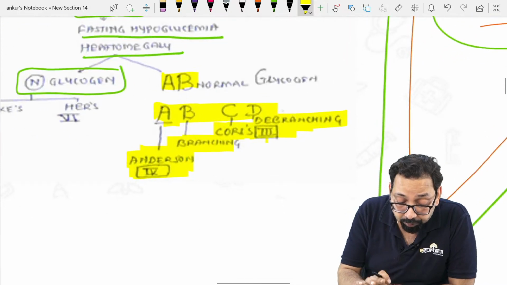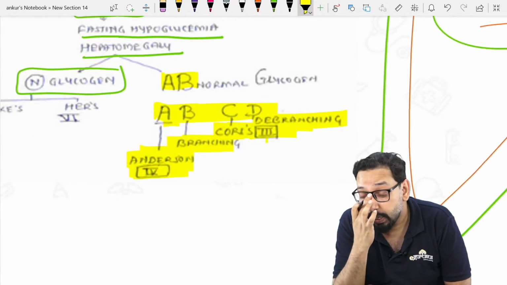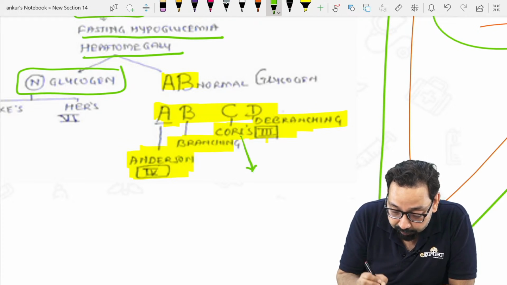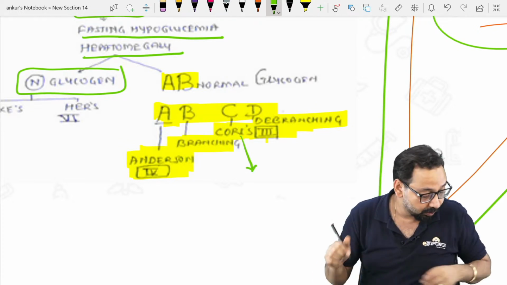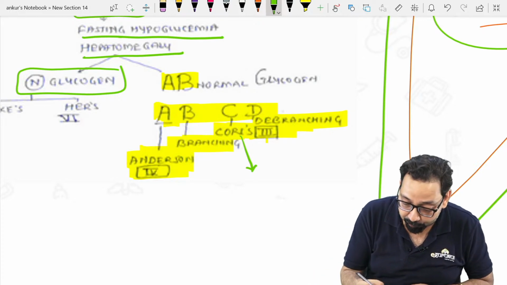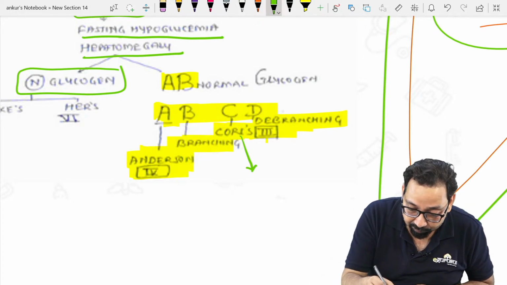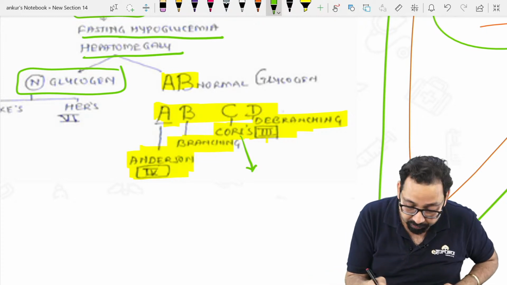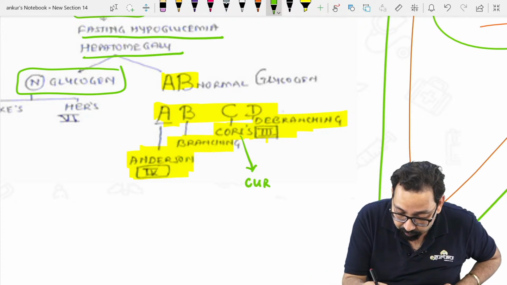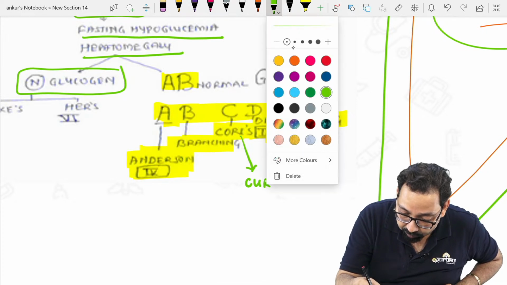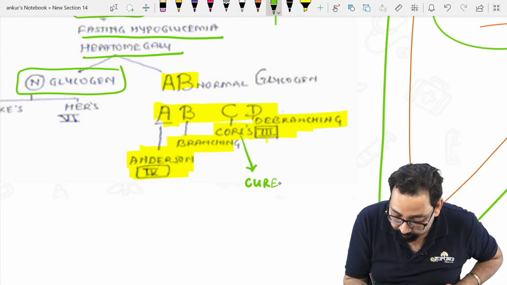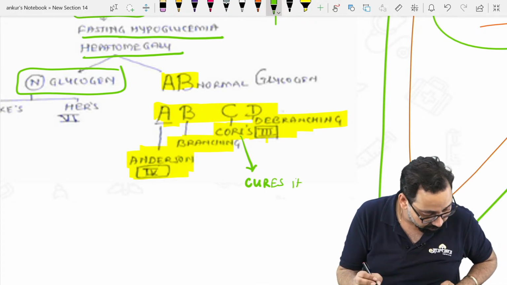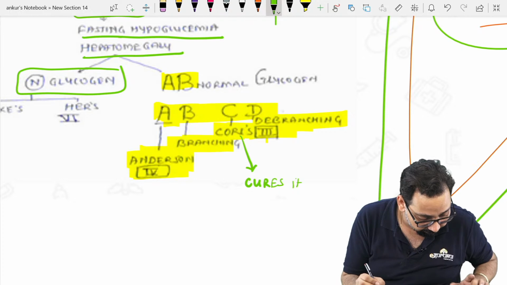sometimes you will solve the question only by the name itself. Mnemonic for Cori's disease: I usually say that if you read the name carefully, you will find the answer. Cori's disease cures itself.